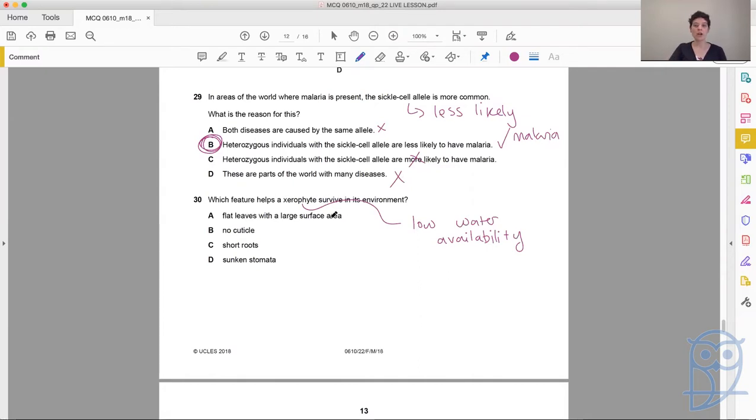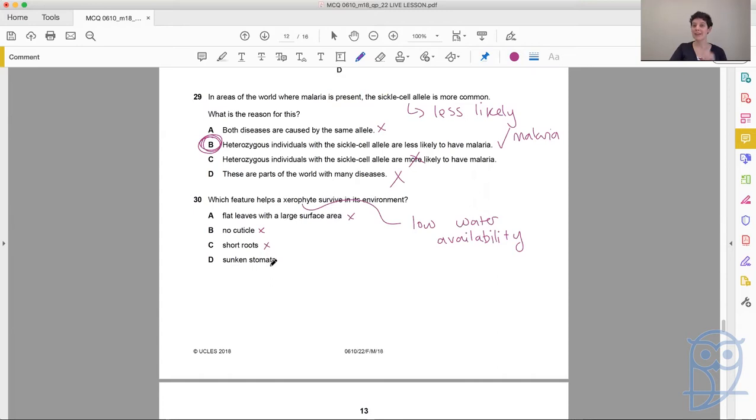Flat leaves with a large surface area. No, large surface area would be even more stomata, would be even more loss of water. No cuticle. Absolutely not. The cuticle is that waxy layer. It's waterproofing beneath. Short roots. No, if there's not much water around, we want long roots because we want to get further down into the soil.